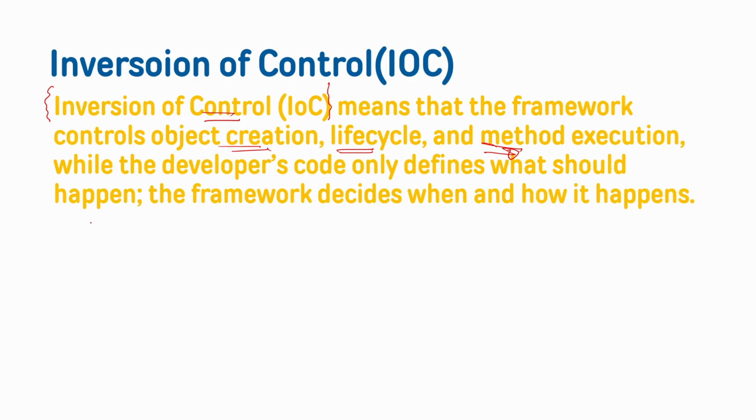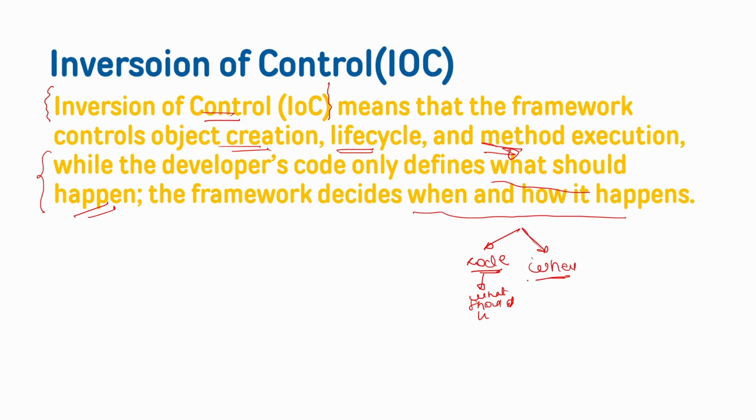So what does our code do? Our code only defines what should happen, and the framework decides when and how it happens. Have you understood it?